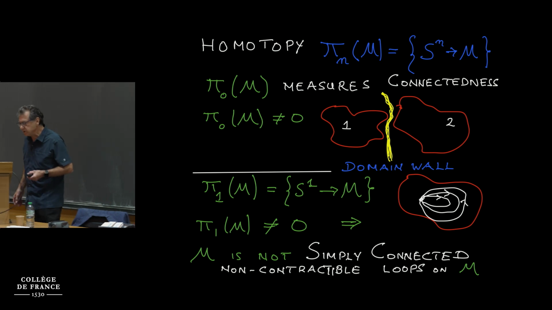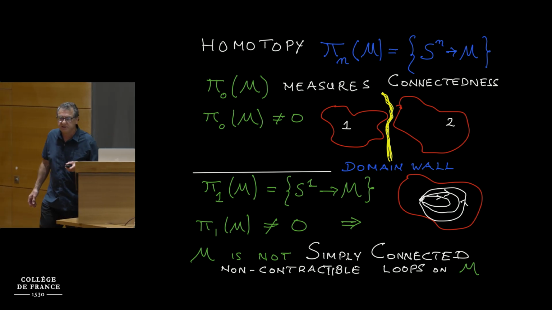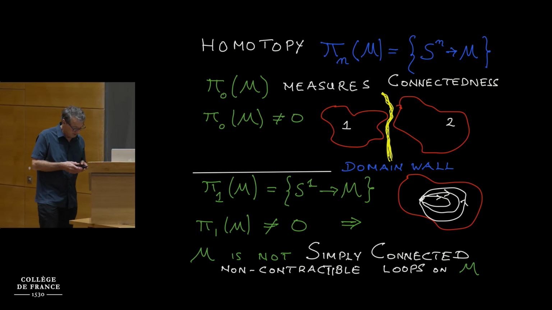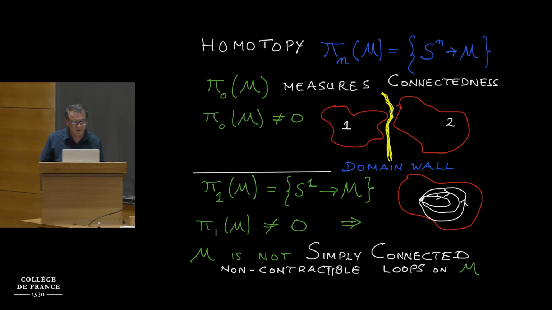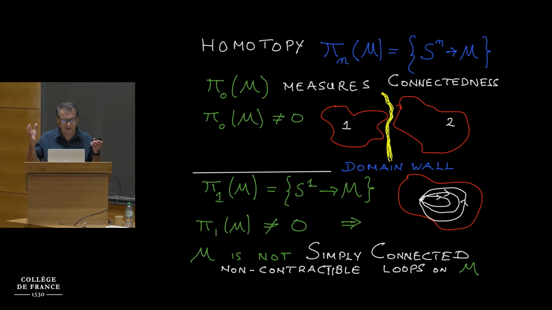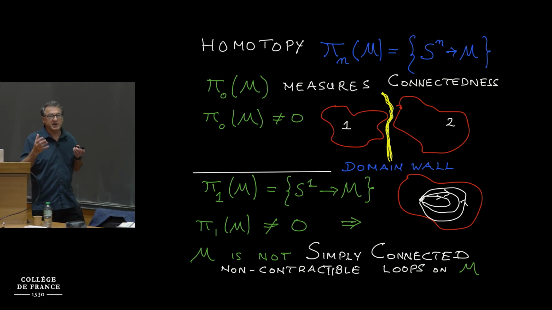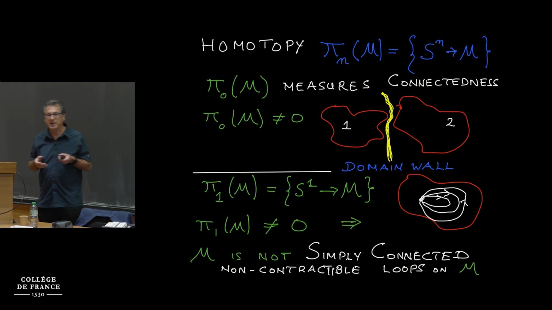One of the main tools is homotopy theory, and at first sight it seems like a very bizarre notion. You're interested in this manifold M, okay? And here you study maps from known spaces, spheres of various dimensions, onto the manifold. So that seems like a really roundabout way of getting information about the manifold.